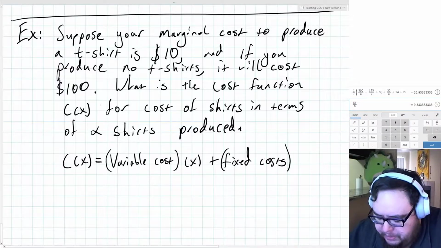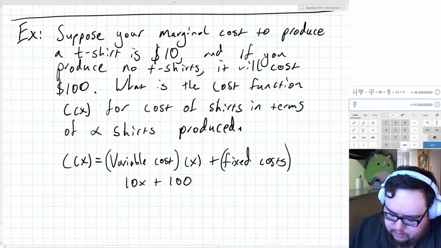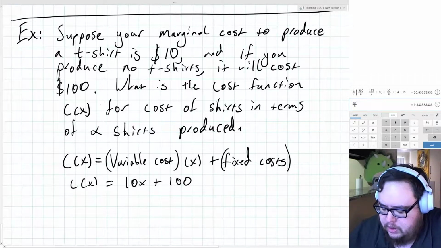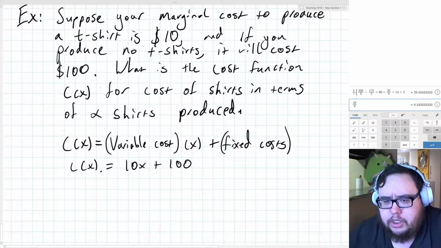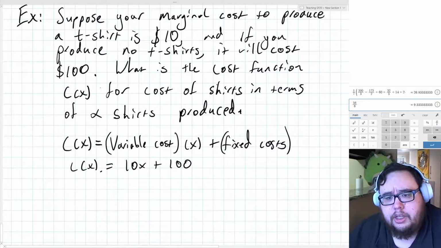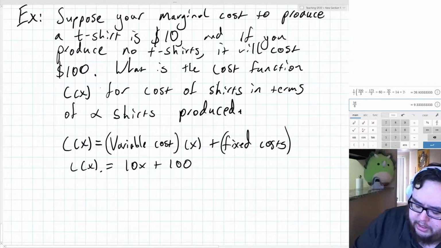So our answer should be 10x plus 100. So let's go ahead and solve using a differential equation and find the solution to the IVP and verify that we get the same answer.